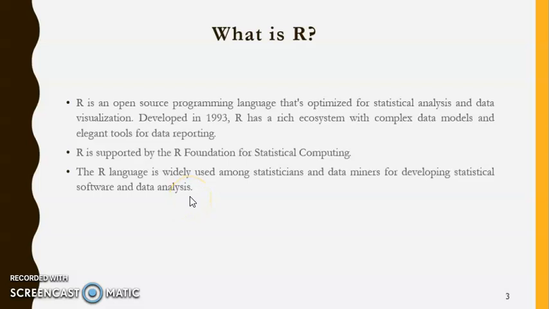Why is it this popular among statisticians? We can find it here. It says developed in 1993. R has a rich ecosystem with complex data models and elegant tools for data reporting. So when you are doing a task with R, since it has already been developed for that purpose, everything is available over there.